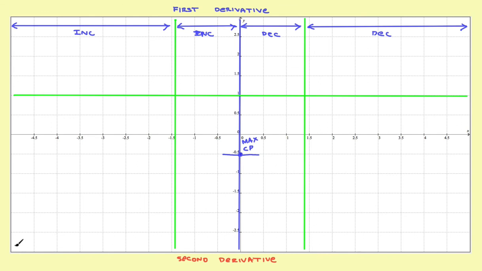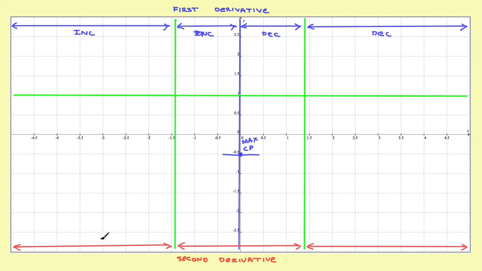Just like we did in that first example, we'll put all the second derivative stuff in red here at the bottom. So that's going to give us an interval to this asymptote. Then it's going to go across to this asymptote, another interval right there. And finally, from here off to positive infinity, there'll be another interval out here. So even though you didn't have specifically an inflection point, you wind up with 3 intervals because the asymptotes behave as if they were inflection points.